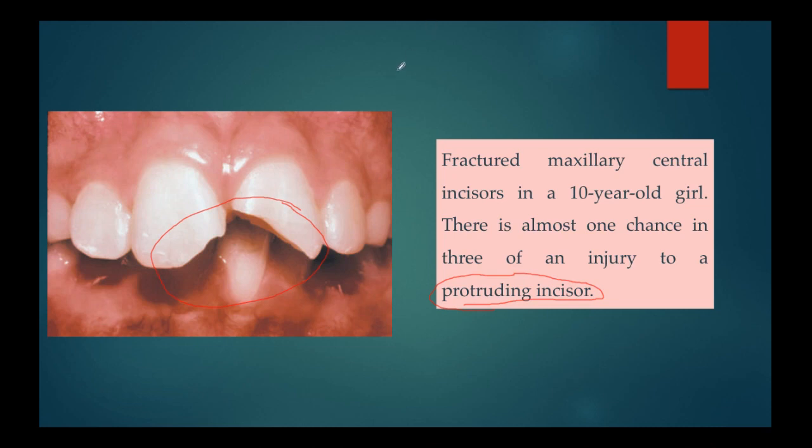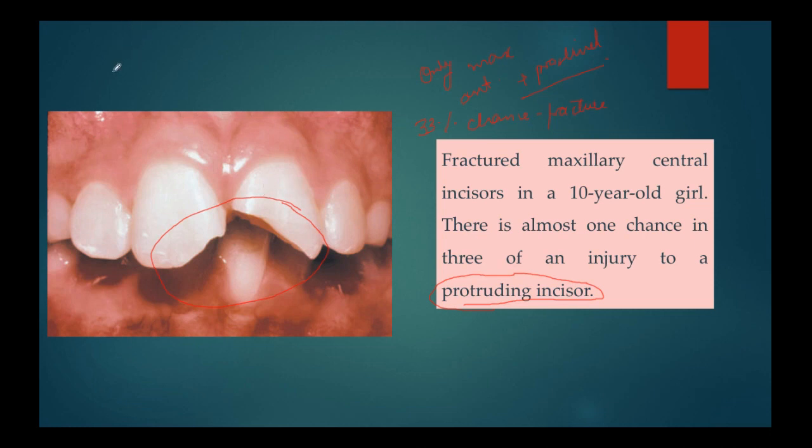As we can see here, only the maxillary anteriors are proclined, or protruded, as we say. Thus there is almost a 33% chance that this can fracture.